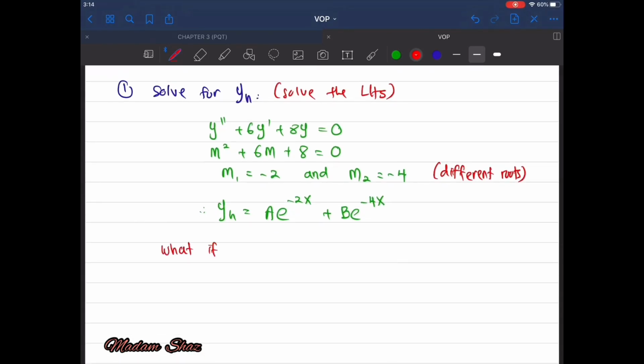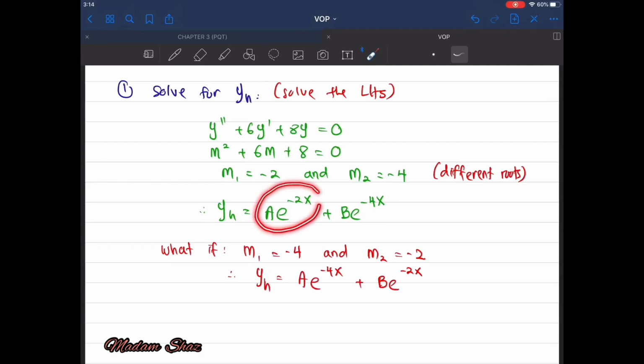What if m1 is equal to negative 4 and m2 is equal to negative 2? Then yh will become a exponent negative 4x plus b exponent negative 2x. The difference is that one has a exponent negative 2x and the other has a exponent negative 4x.